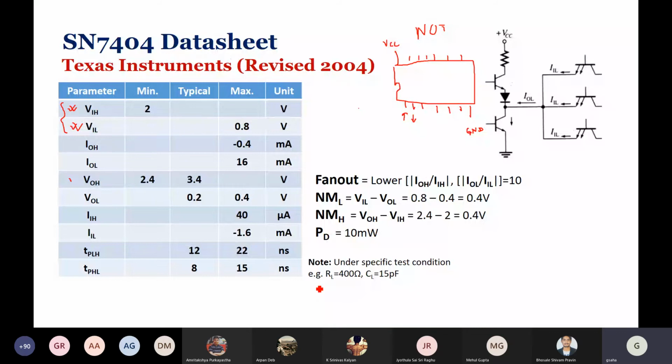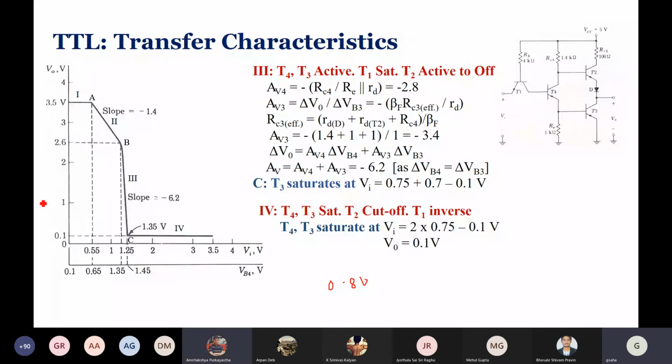We know the definition. Input is considered low when it is less than 0.8 and it is considered high when it is greater than 2. So 0.8, if I draw the plot, will be somewhere here.